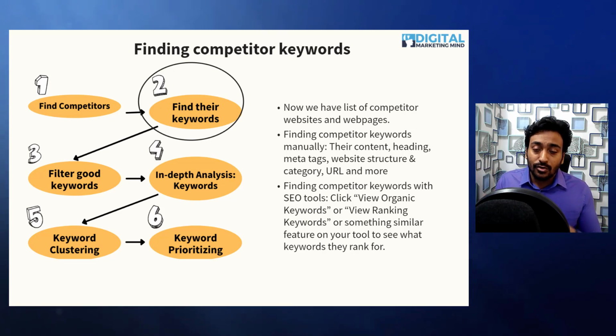So you can gather that data manually using this. If you want to find competitor keywords by using SEO tools, as I mentioned, most of the SEO tools which allow this particular feature will have something like view organic keywords, view ranking keywords, or something similar in nature. You just need to put in the URL or domain and get all the data directly from them, and you can export it and start working on it.